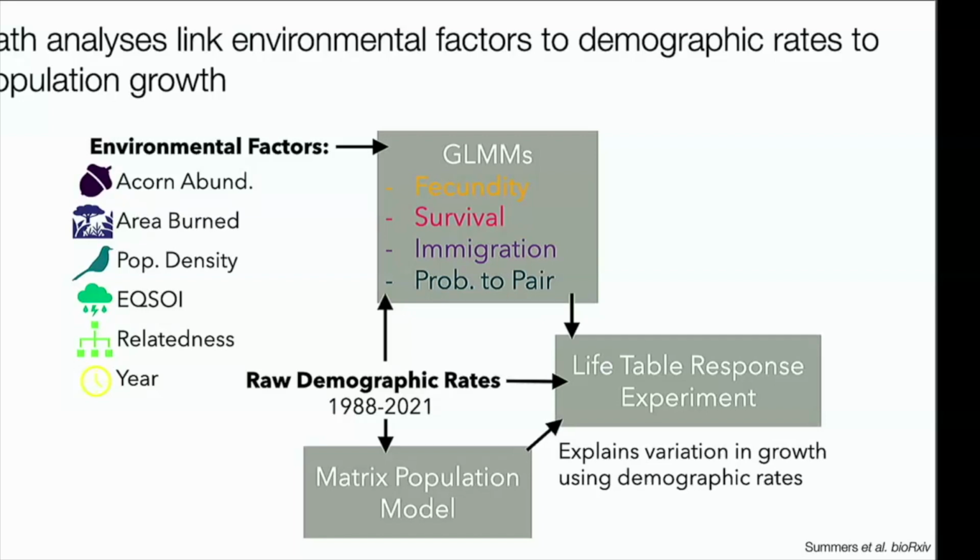So we fit generalized linear mixed models to estimate the effects of these environmental factors on our different demographic rates, and then connected them to the life table response experiment in order to estimate how much variation in acorn abundance explains variation in population dynamics.